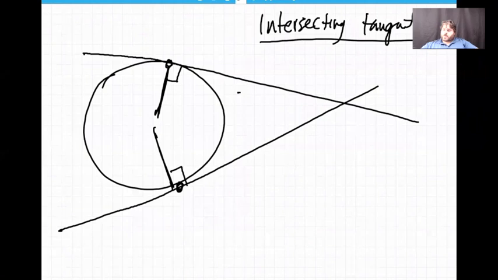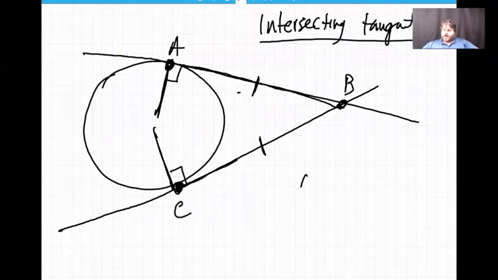The other thing you have to know is that this length and this length are equal. The length from this point of tangency to the intersection point is the same as from the intersection point to that point of tangency. If I call this line segment AB and this one CB, I would say that segment AB is congruent to segment CB. They are equal because they are intersecting tangents.